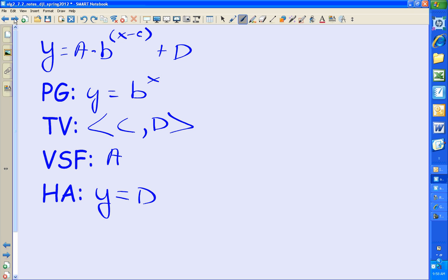And we're still having some challenges with c. c is the opposite of what's with x. d is what comes after the function. Vertical stretch factor is a. It's in front of whatever your base is. And your horizontal asymptote is y equals d, whatever the translation vector's y component is. These are the same notes you should have from Friday. They should be identical.